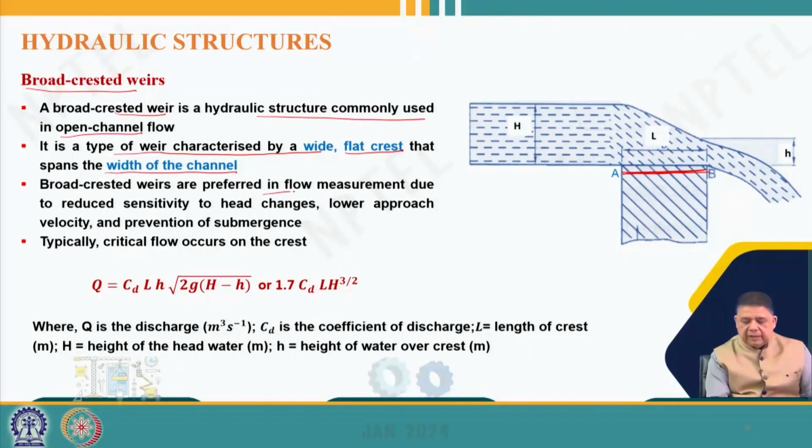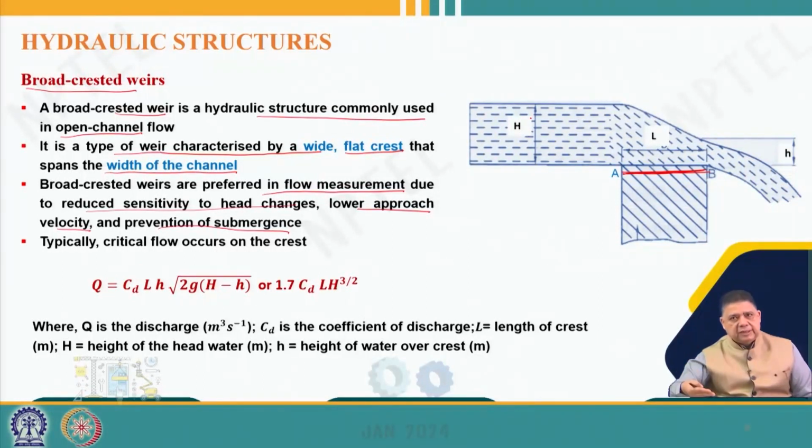And they are preferred in flow measurement due to reduced sensitivity to head changes, lower approach velocity and prevention of submergence. What happens in this case, they have a typical design such that the flow is obstructed, because it is put in the channel itself.